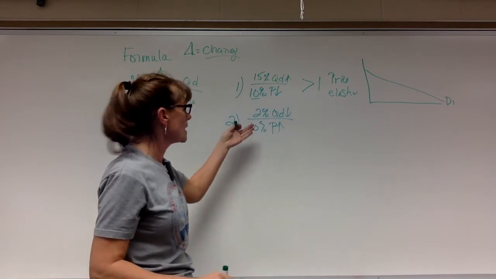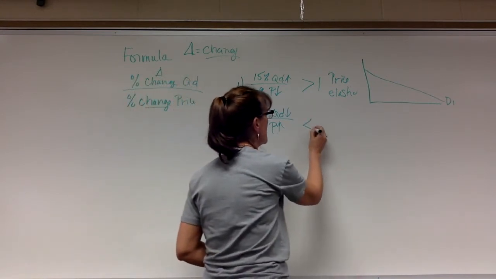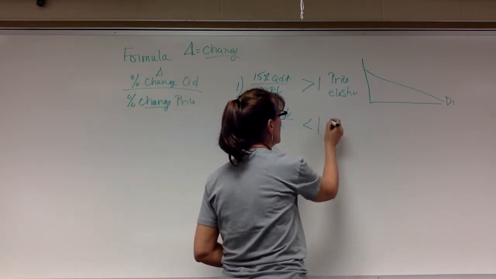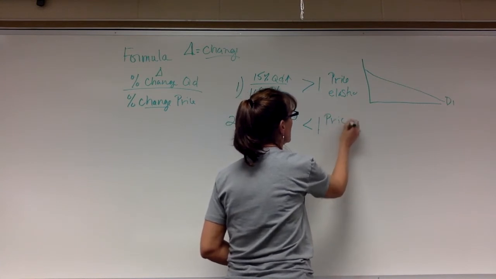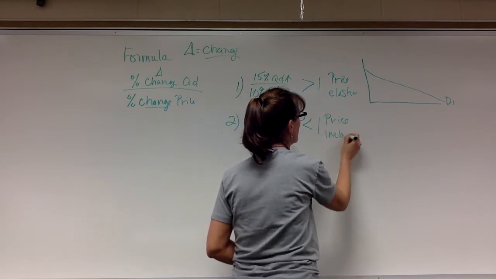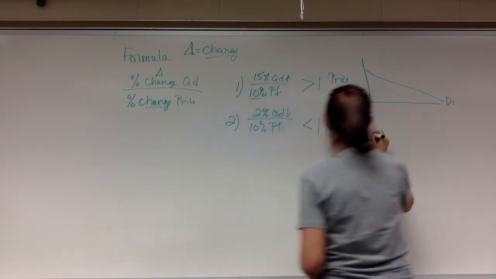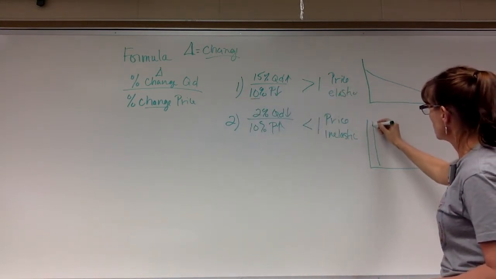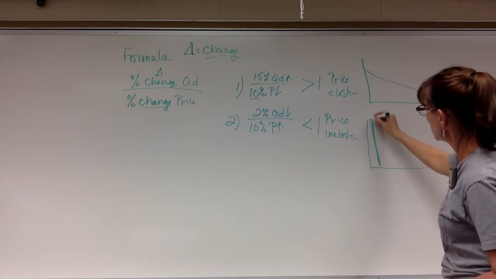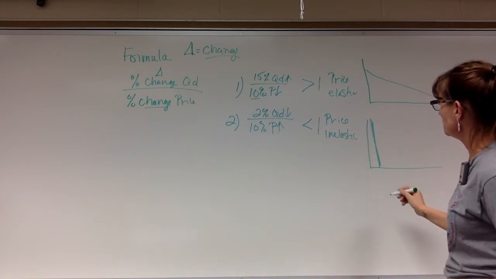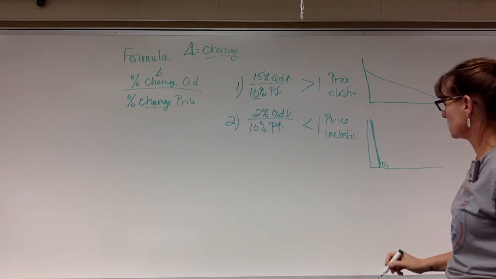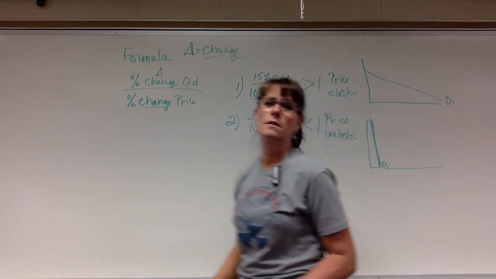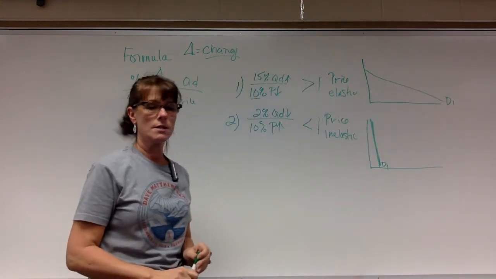But this means you're not going to see much. So if it's less than 1, it's price inelastic. And this is going to have a really steep slope to it. There is just a little slope, but not much at all. So that's our demand curve. Still downward sloping, just not very much.